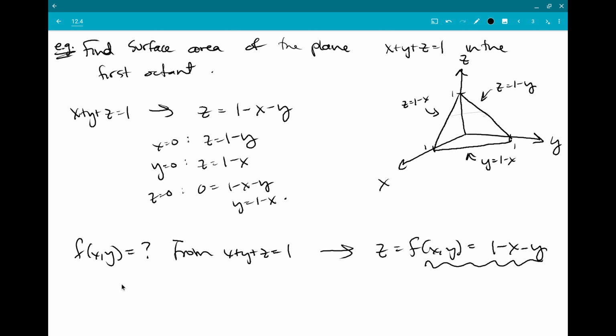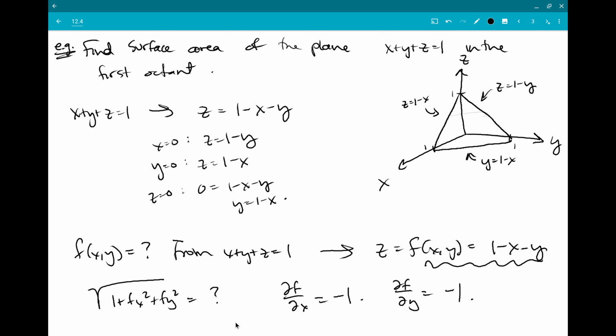And we can go ahead and say that we want to calculate the square root of 1 plus fx squared plus fy squared part while we're doing this. So df dx is minus 1. df dy is also minus 1. So my square root of 1 plus fx squared plus fy squared is just square root of 1 plus negative 1 squared plus negative 1 squared.